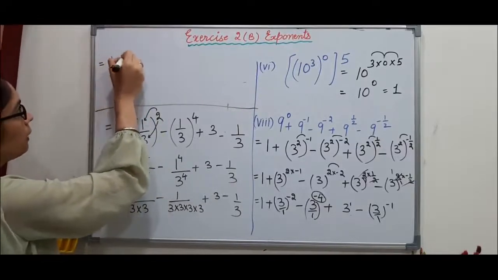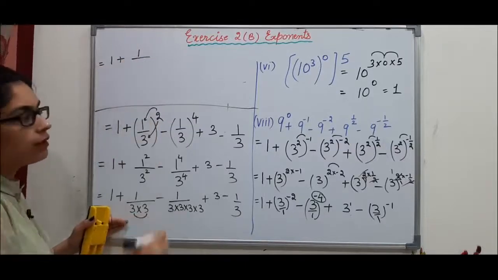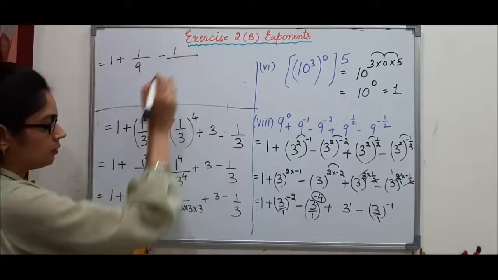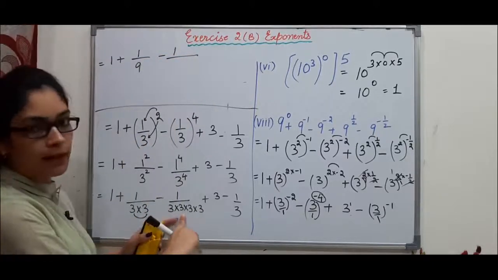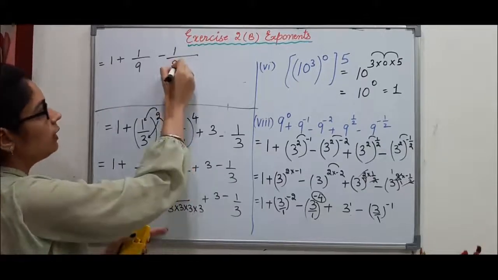So 1 plus 1 by 3 into 3, 9, minus 3 into 3, 9, 9 into 3, 27, 27 into 3, 81.